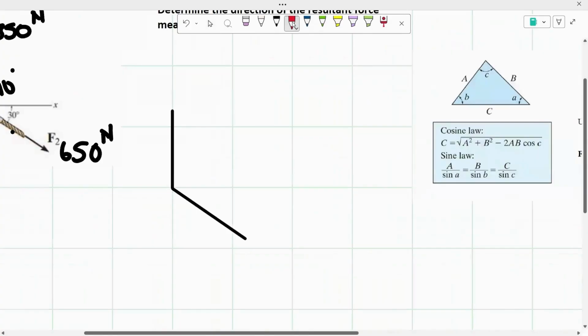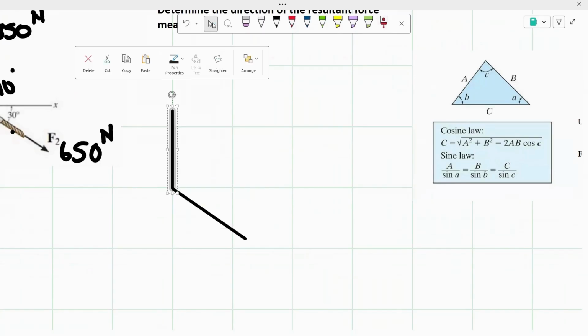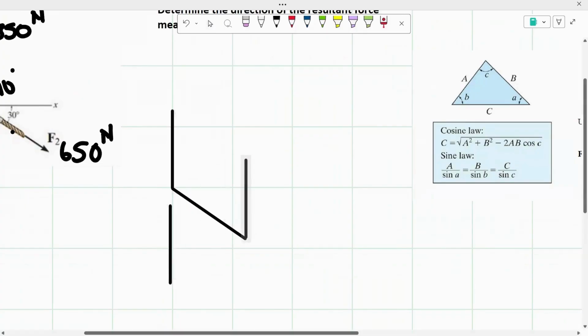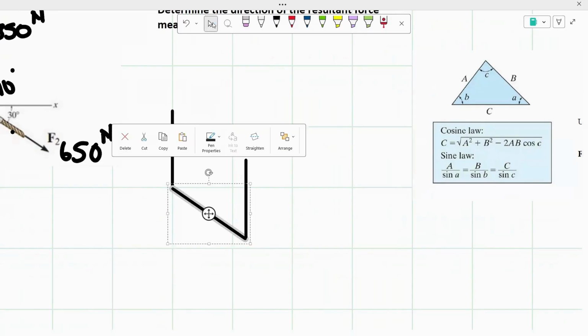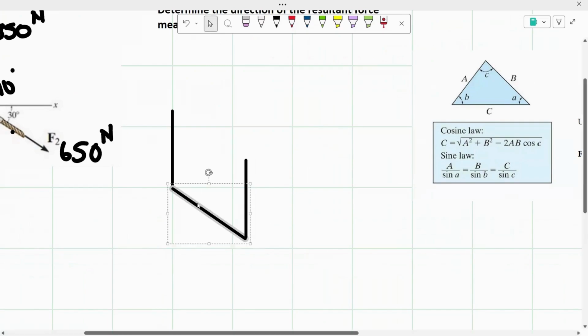From here, we're going to take our F1 and draw it on the other side. We could simply copy and paste it. And then we're going to do the same thing with our other force.